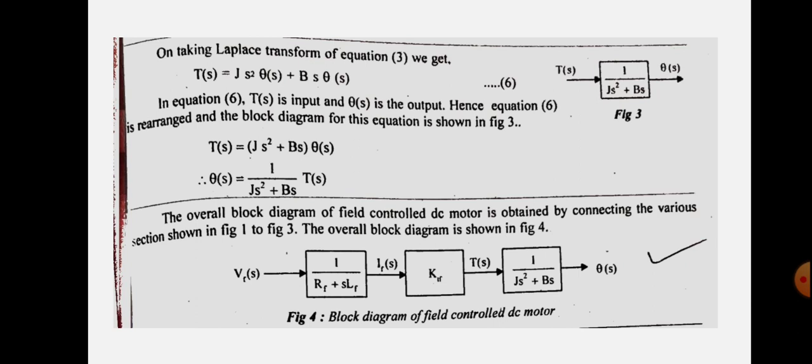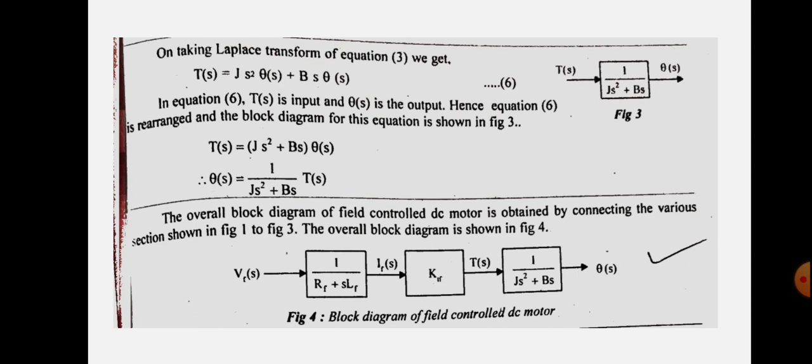So T of S will be equal to Js square plus Bs into theta of S. In this equation, theta of S is the output and T of S is the input. So theta of S is equal to 1 by Js square plus Bs into T of S.